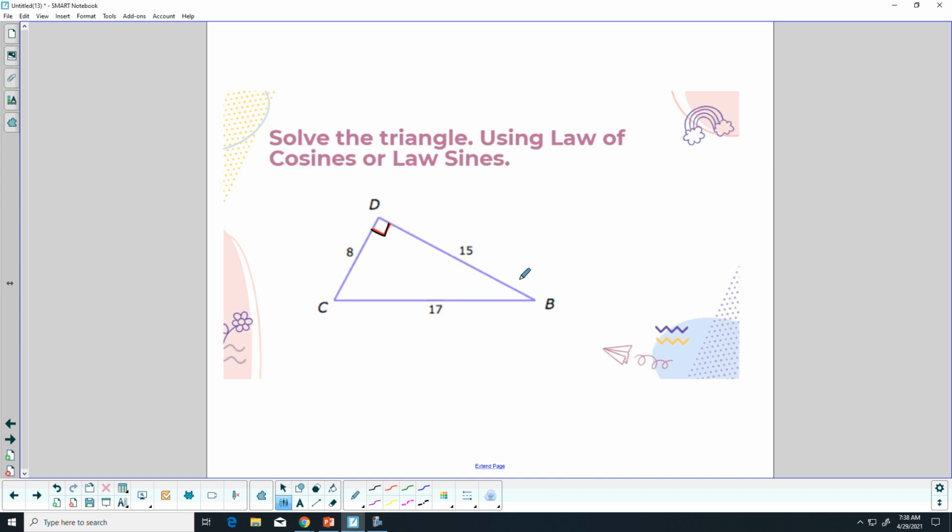So I'm going to start with angle B, and I think on that one I'm going to use the sine because I know the side that's opposite, and I know the hypotenuse.